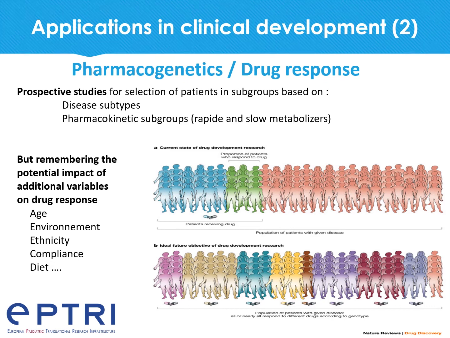The future objective of pharmacogenetics in drug development research is to subdivide the population of patients with a given disease into patients who will respond to the drug and patients who will need a different drug because they are not responding to the drug because of genetic differences.